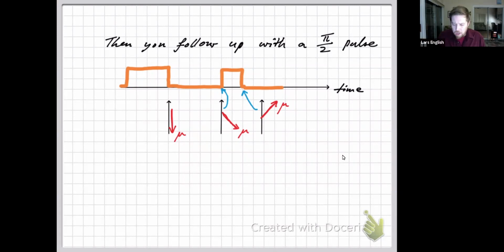And so now we get a partial free induction decay signal here, right? Because we get this precessional motion here that we can pick up. And so the independent variable will be this separation in time, this delta t.